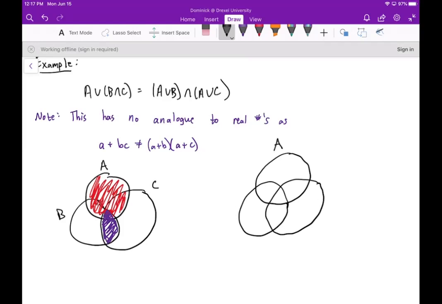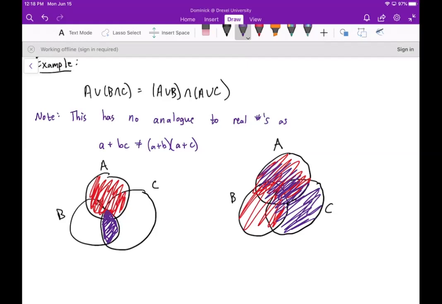We have A, B, and C. Now I want to take A union B, and I'm intersecting that with A union C. Both of these contain A. So A union B, of course, would be B and A together, so it would be all of this stuff, and I want to intersect that with A union C, which would be all this stuff.